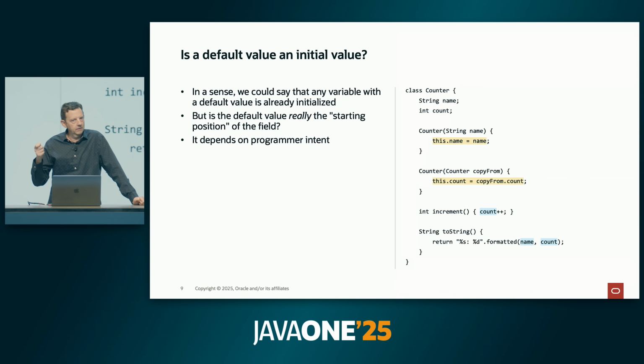In this case, I have a different counter I'm trying to copy from, so I copy the count value from that counter. But I've forgotten to copy a name or to provide my own name or do something with the name. And so the name is left at null. That's probably, I mean, potentially you might want the null to be the name of the counter, but in a lot of cases that's not what you want. And you missed the initialization. So then in blue I have the reads.